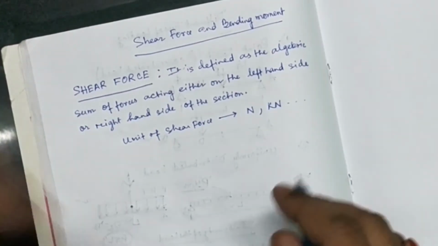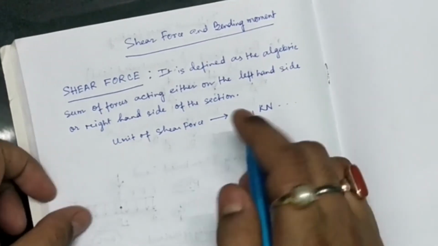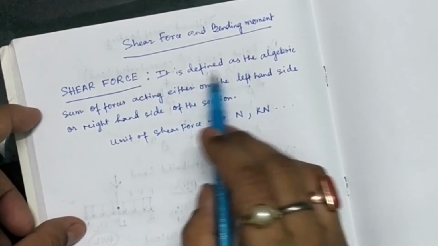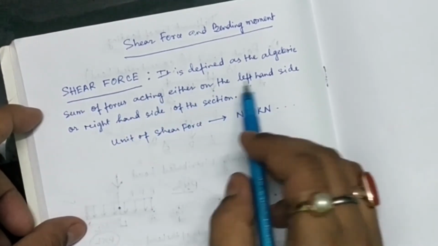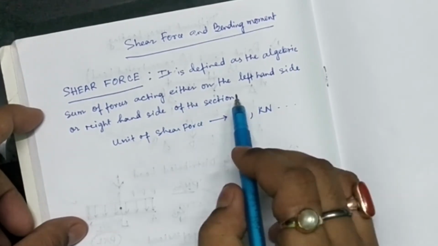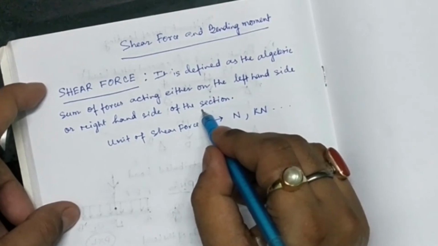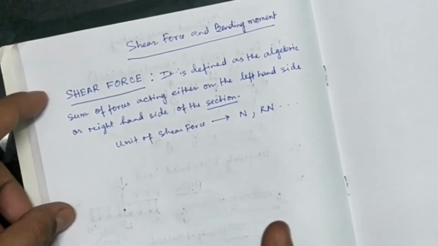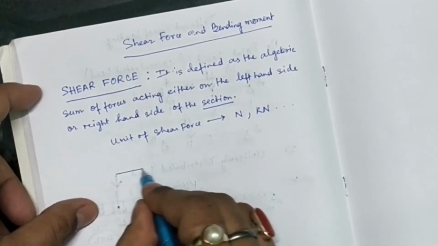So let us discuss the definition of shear force. As per the definition I have written here, it is defined as the algebraic sum of the forces acting either on the left hand side or on the right hand side of the section. First of all, you have to understand what is meant by a section. Let us consider an example: a simply supported beam.